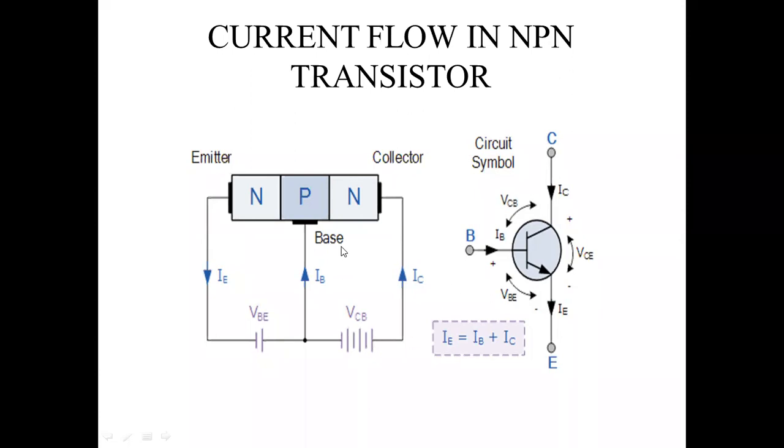For collector to base, the collector is N type semiconductor, so we have to give the positive supply.